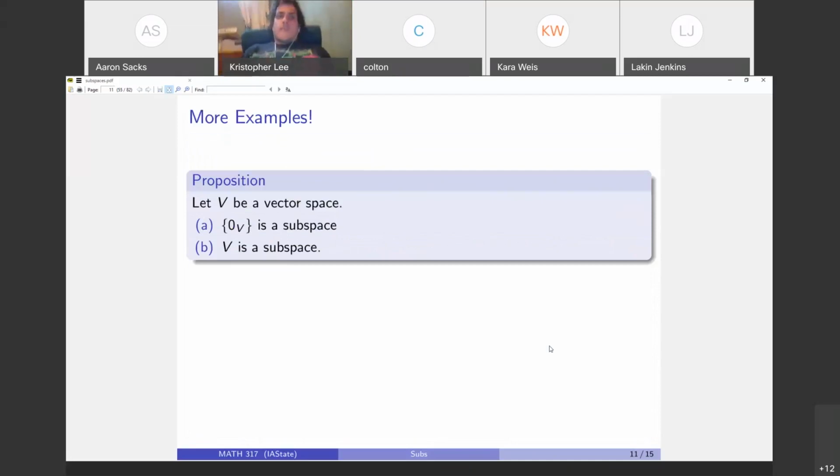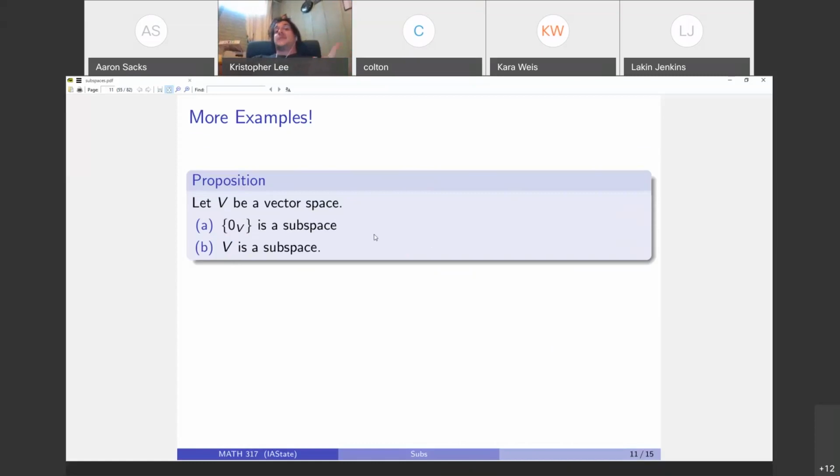Now, within any vector space, there are always guaranteed two subspaces that exist. There are always two that you have access to. And here they are. These are usually referred to as the trivial subspaces, or the boring ones, basically. So as we're about to prove, obviously you're a subspace of yourself.